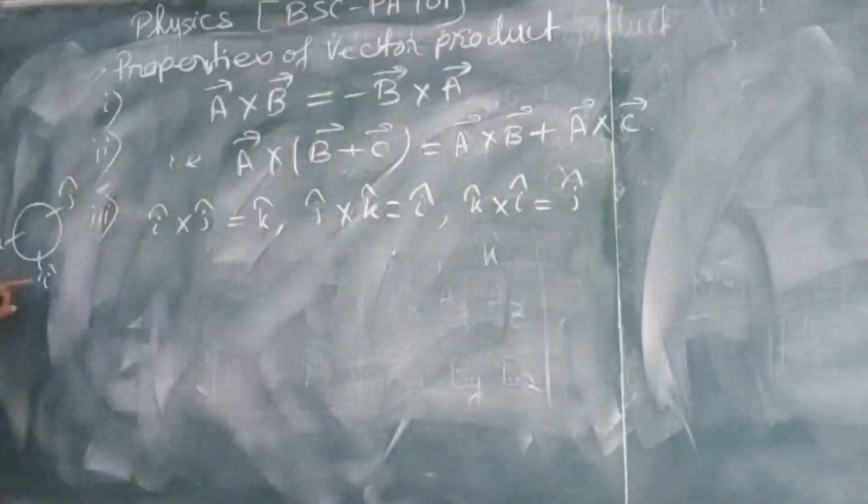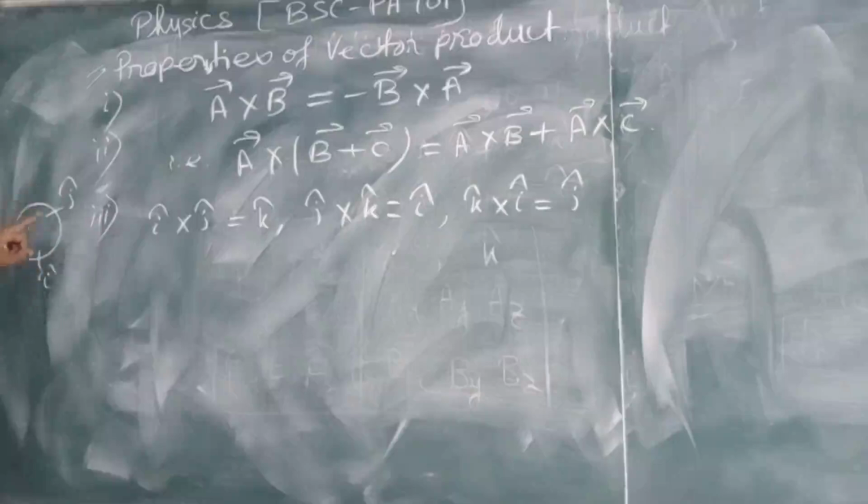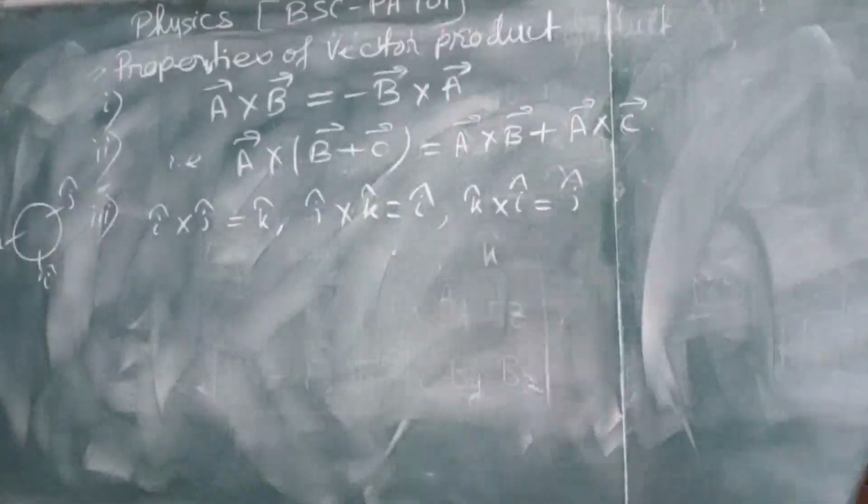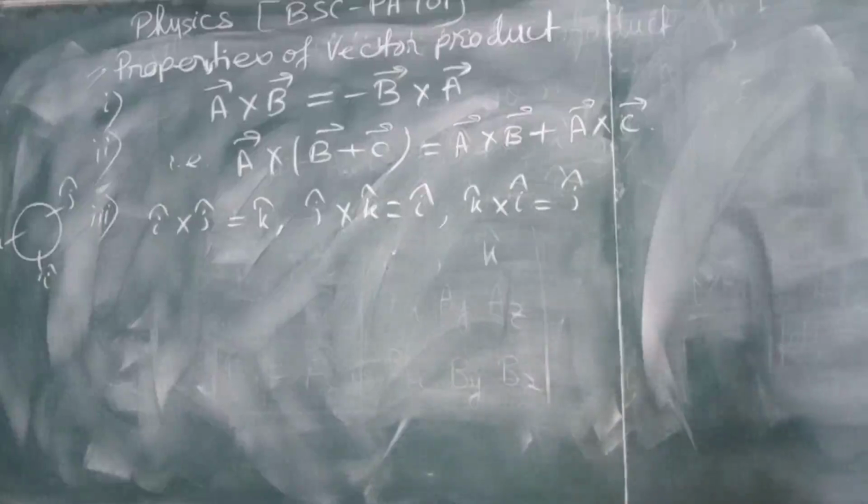So we have to take in the anticlockwise direction, then it is positive. If we take clockwise direction, then j cross i equals minus k, i cross k equals minus j, k cross j equals minus i.